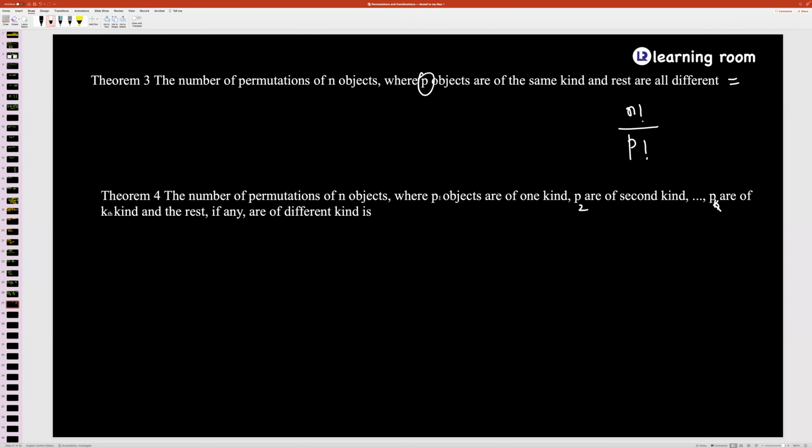Then what is the answer going to be? It will be n factorial divided by p1 factorial into p2 factorial, and so on till pk factorial. Now your doubt got clarified. So if you have different types, the numbers will change.